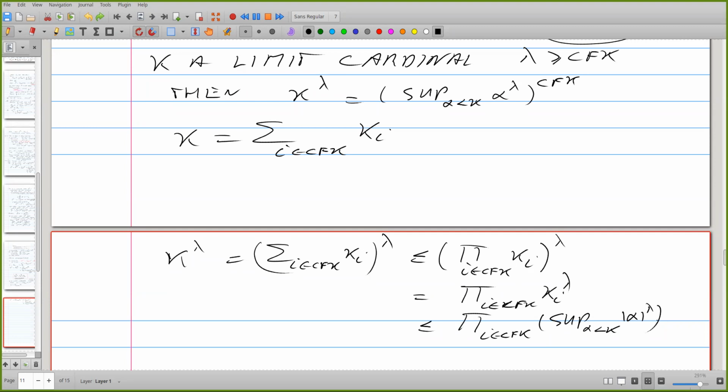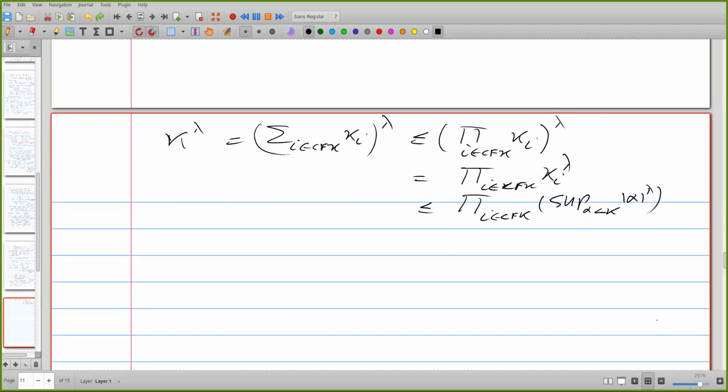So kappa i to the lambda is less or equal to that supremum, which we of course use, and then we get that supremum to the power cofinality kappa. And there is the one that we were looking for. And every alpha is less or equal than kappa. So this whole supremum is less or equal to kappa to the lambda, and lambda is at least kappa, so we have our kappa to the lambda back.